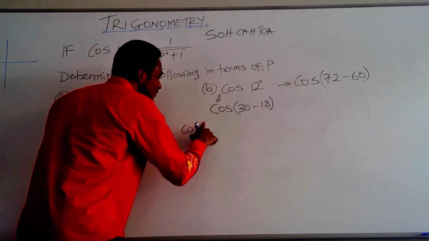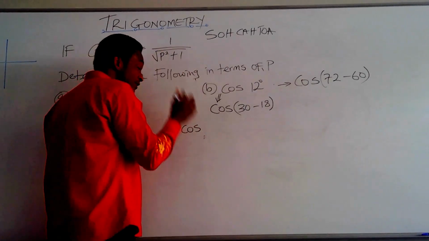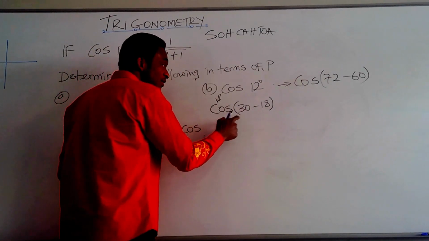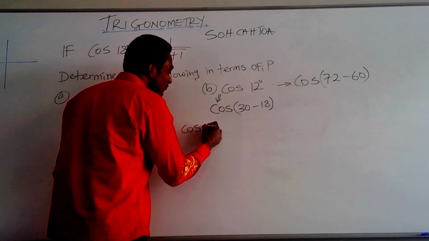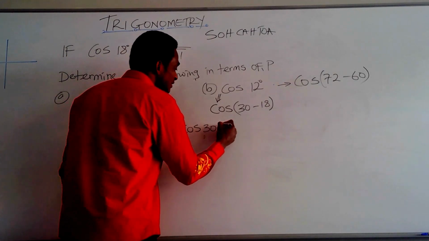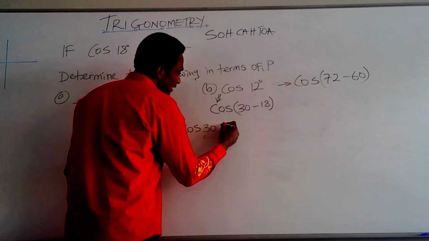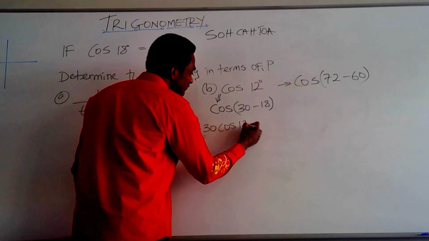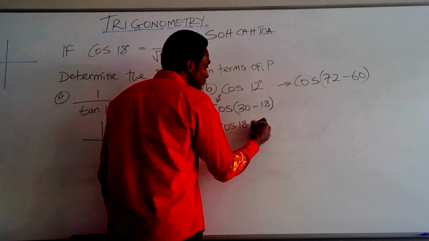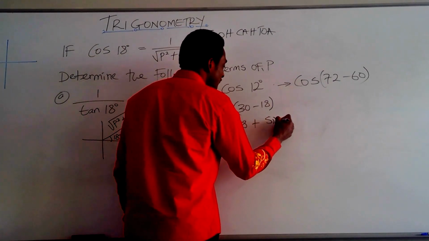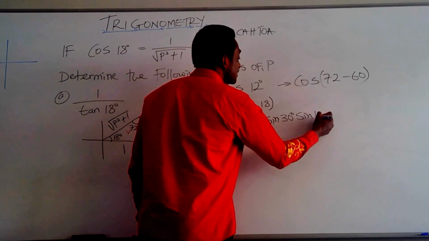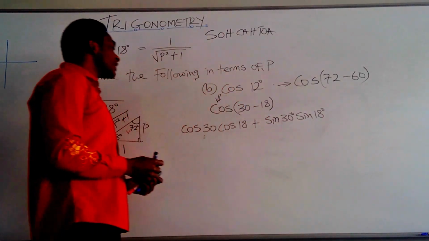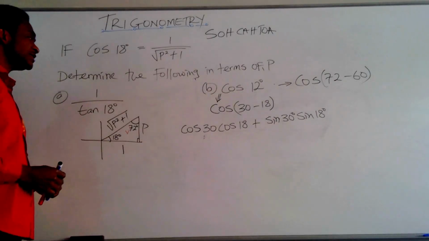So cos of (A minus B) gives us cos cos plus sin sin. So we have cos of 30 and cos of 18, minus becomes plus, sin of 30 and sin of 18. With this, we can easily work around this.